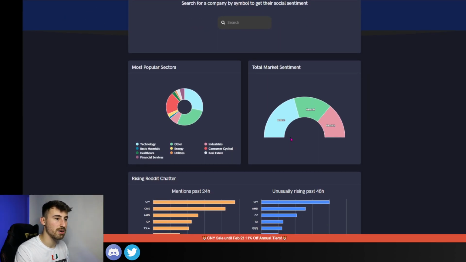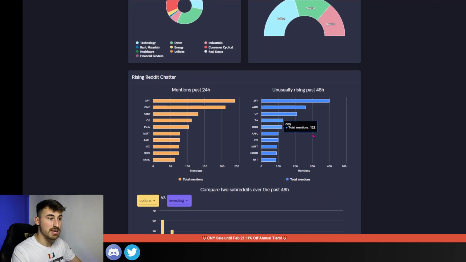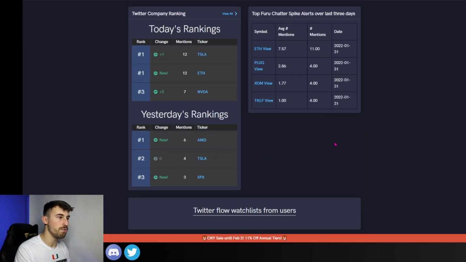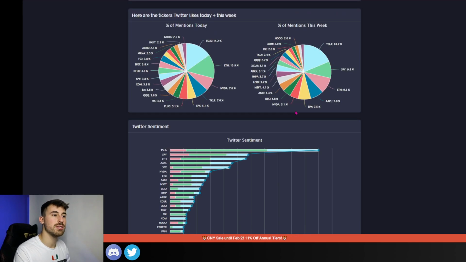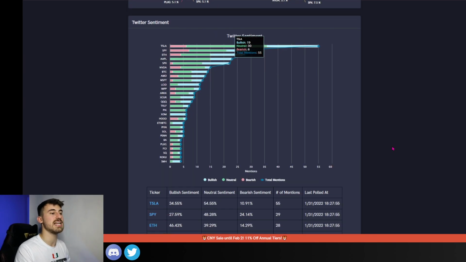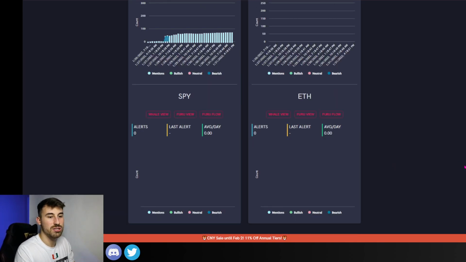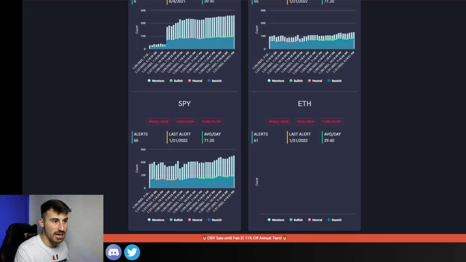Here's the meme tracker. It's just screening social media for essentially what is being talked about. Here you can see it has a rising Reddit chatter. If we move down, they have Twitter accounts that they track, pie charts of the mentions this week, and Twitter sentiment. So they have basically a guide to trading social media. Is this the best trading strategy?